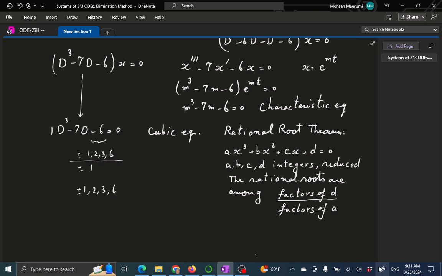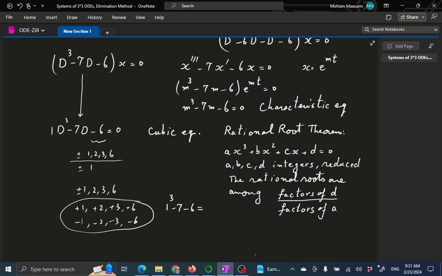So for example, we go try. In this case, we have 8 numbers to try: plus 1, plus 2, plus 3, plus 6, minus 1, minus 2, minus 3, minus 6. If there is a rational root, it's going to be one of these. So for example, I try 1. I put 1 here. This is 1 cubed minus 7 minus 6.